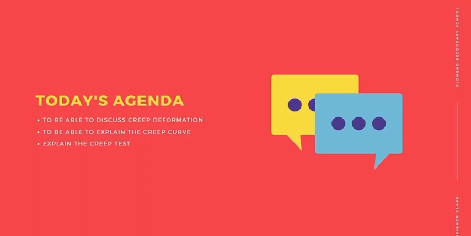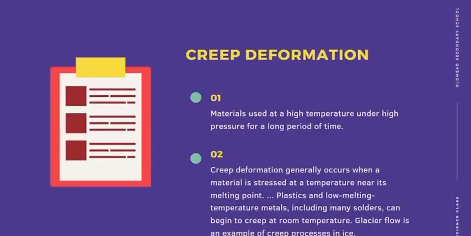So yes, this is just the part of our Thing 5. This is not explained in detail, but we are able to define what creep deformation is and the creep curve, what will happen if you use the creep test instead of the standard tensile test that we used before, and we are able to explain how the creep test actually occurs. So again, let us summarize everything.